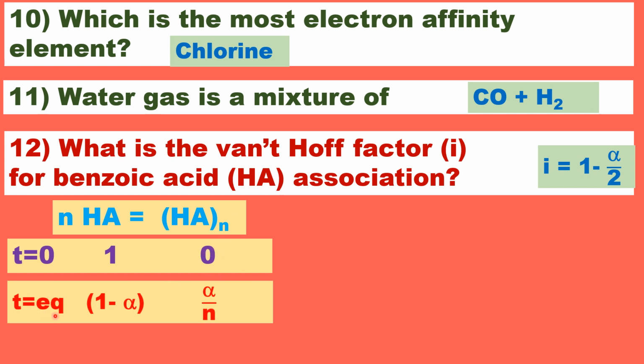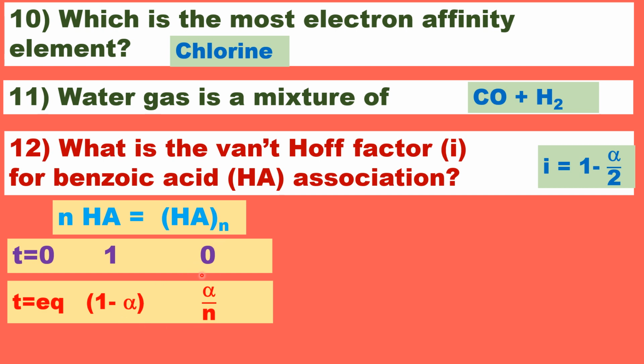At equilibrium, a fraction of the benzoic acid undergoes association. A fraction of the acid or any solute undergoes association. Therefore, alpha is the fraction of solute associated. Therefore, 1 minus alpha is the remaining at equilibrium.